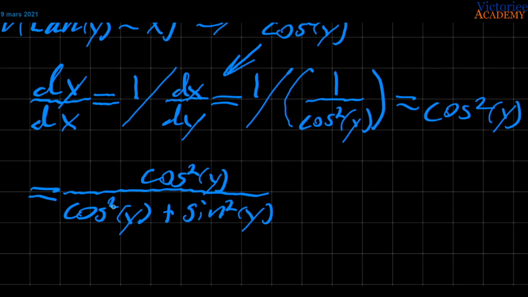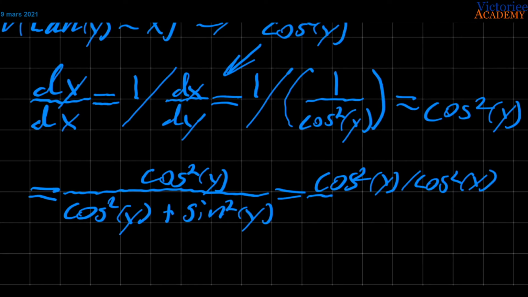So if we divide both the denominator and the numerator by cos squared of y, we would get cos squared of y over cos squared of y over cos squared of y over cos squared of y.